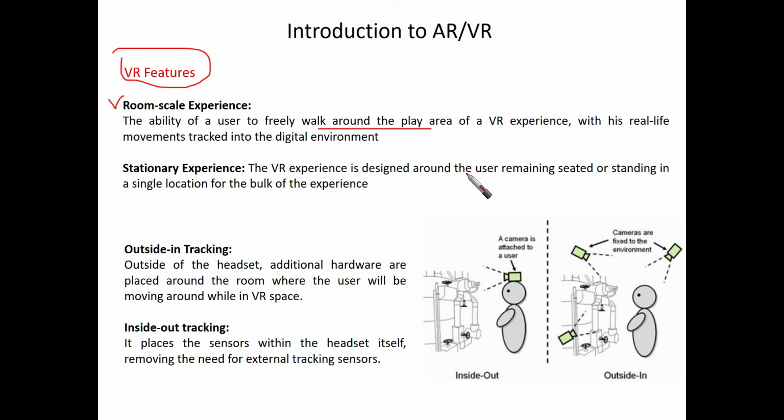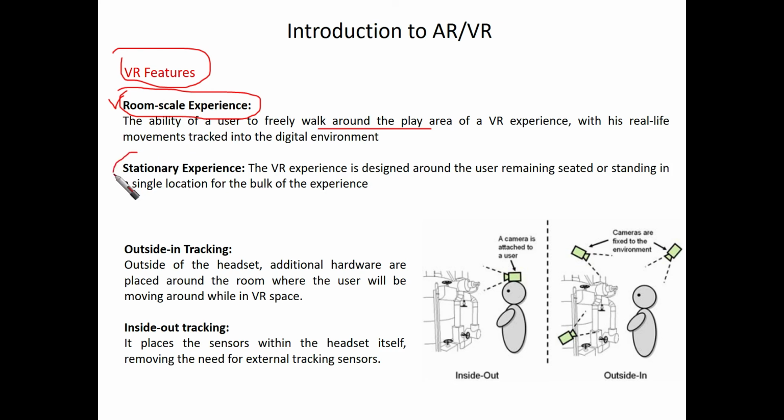Initially when you set up, you basically give the instruction, okay, this much space that I have, and I will be moving around this space. So you can set that up, and when you are moving in your digital environment after putting on the VR headset, it automatically tracks you and keeps you within that space. So that means you have the ability to move around your room. So that is room scale experiences.